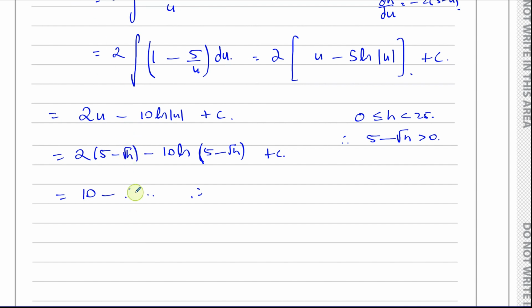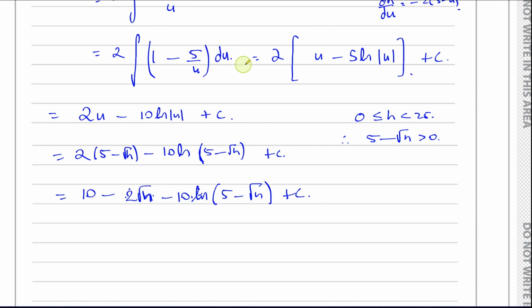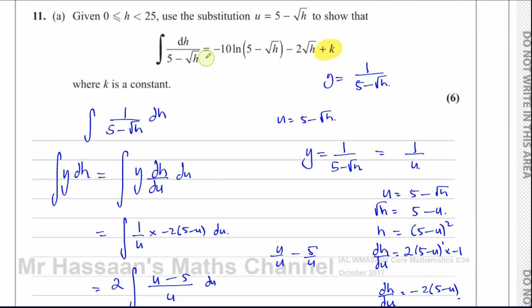So 10 minus 2 root h, minus 10 times the ln of 5 minus root h, plus c. Now, you'll notice over here we have the same thing, except it says plus k and there's no constant 10. Over here we got minus 10 ln 5 minus root h.